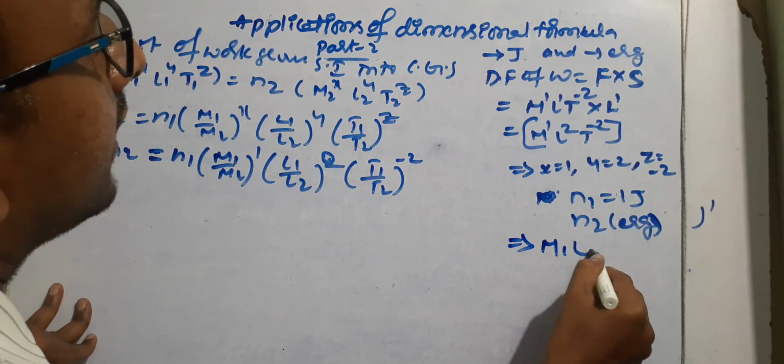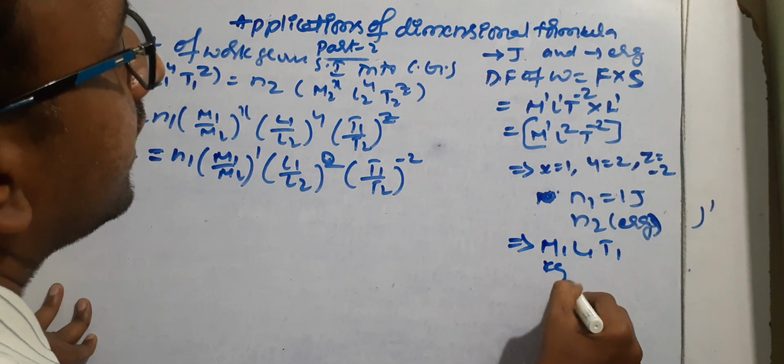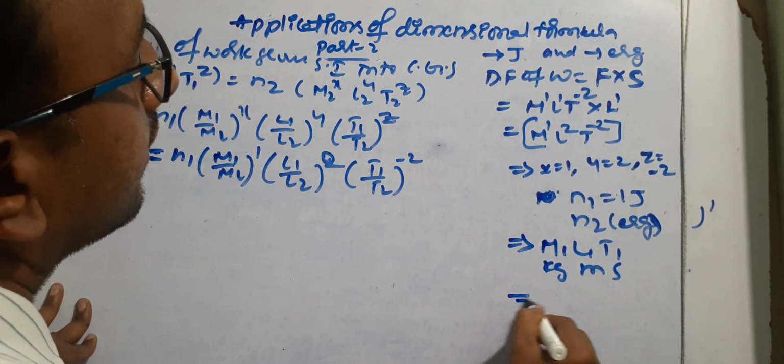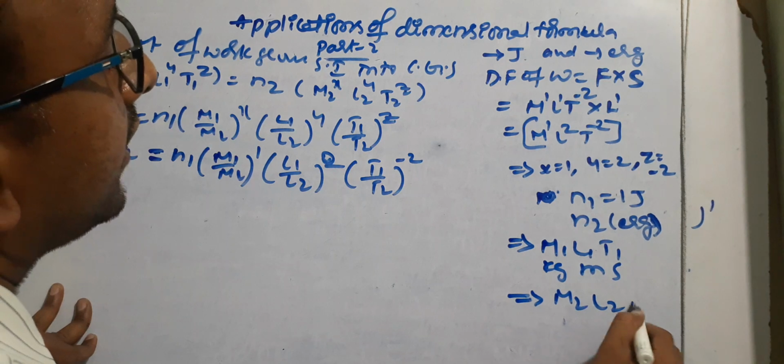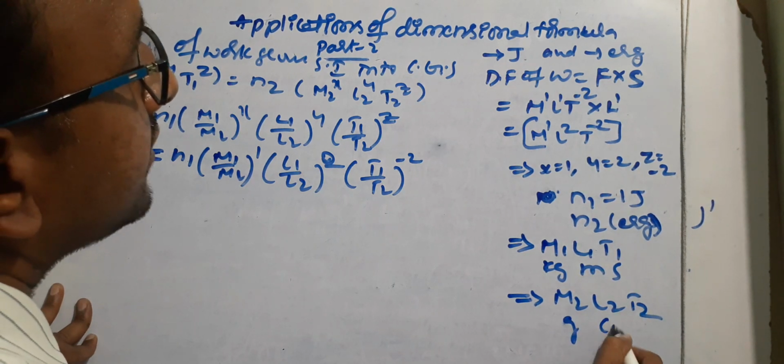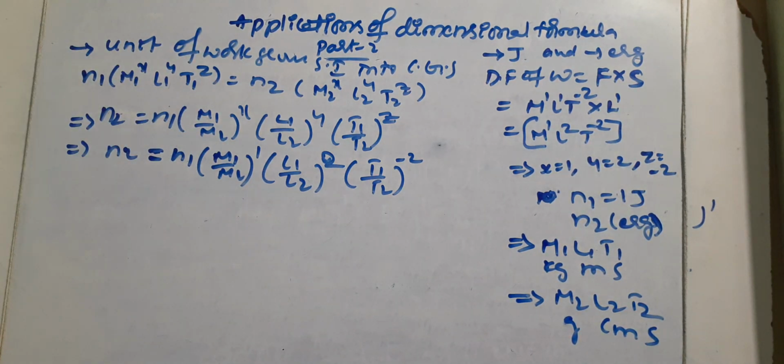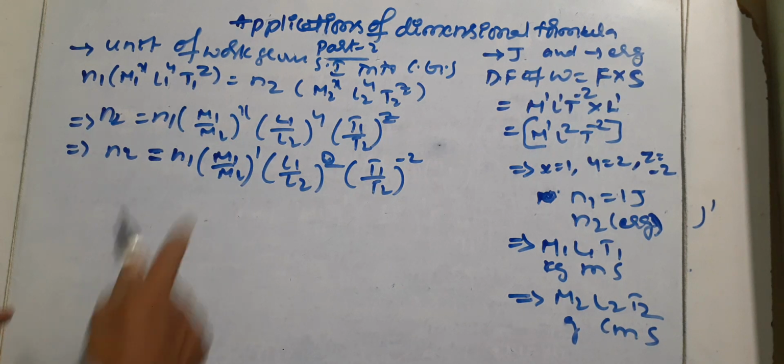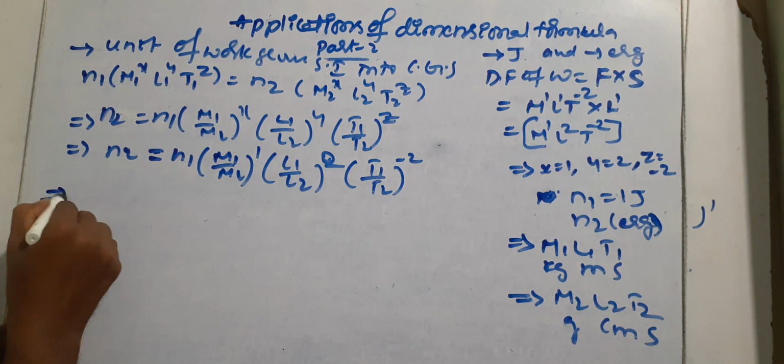Let M1, L1, T1 represent the units of mass, length and time in the SI system as kg, meter, second. Let M2, L2 and T2 represent the units of mass, length and time in the CGS system as gram, centimeter and second. Now substitute them in this formula, students.